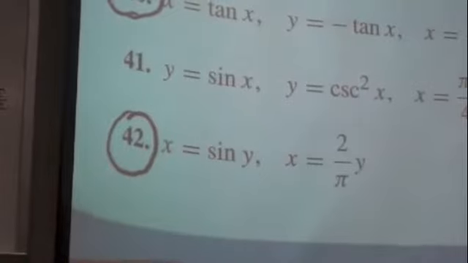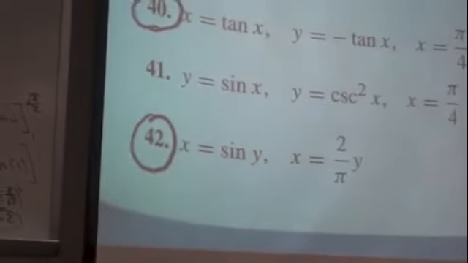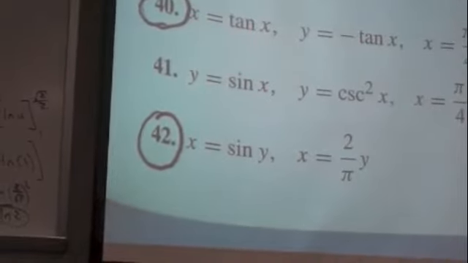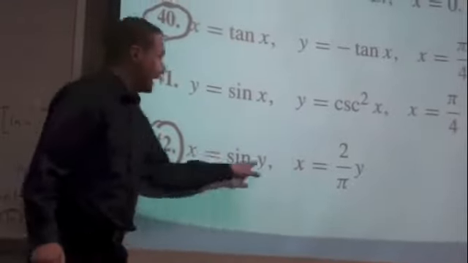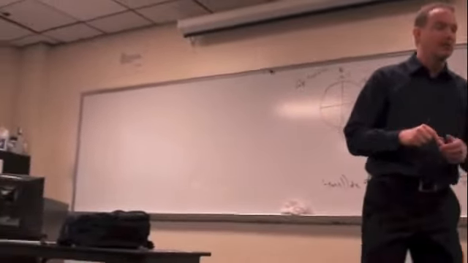So when I look at number 42, and you think, well, x equals the sine of y. We know y equals the sine of x is a cyclical function like this. Well, x equals the sine of y is just going to oscillate up and down on the y. I don't want to draw that. So what do I do? I interchange the x and y values. As long as I do it in both equations, it's completely, utterly legal.